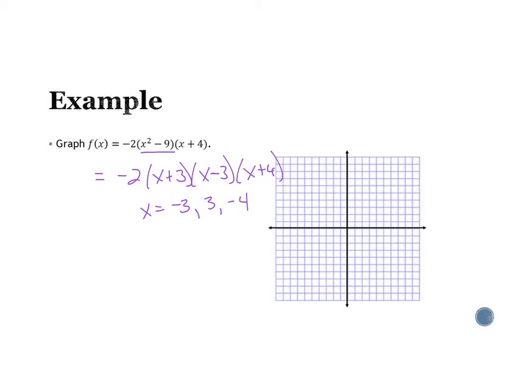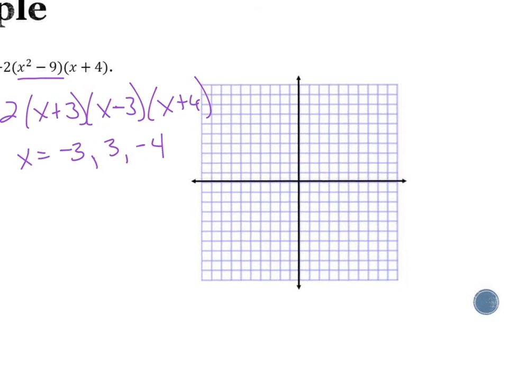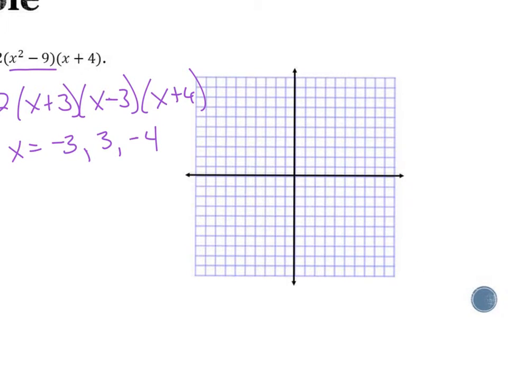I'm going to zoom in here a little bit on my graph. So I'm going to have a 0 at -3, +3, and -4. And then to finish my graph, I can just make my table from there.